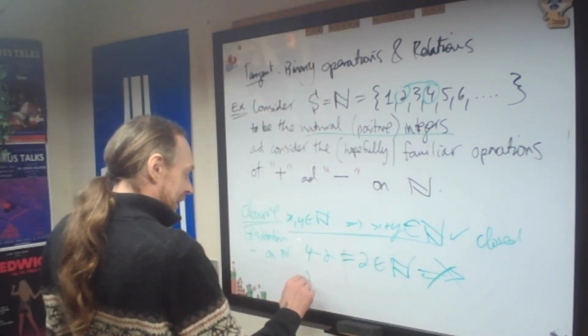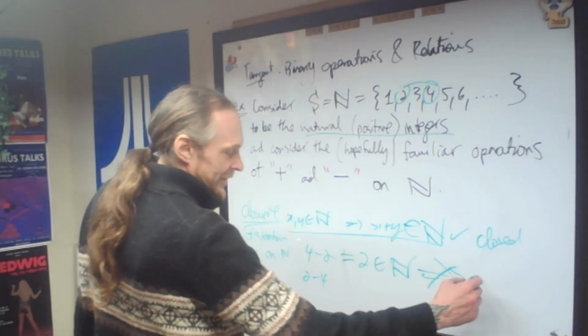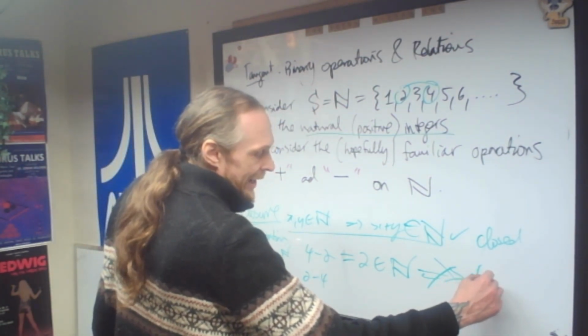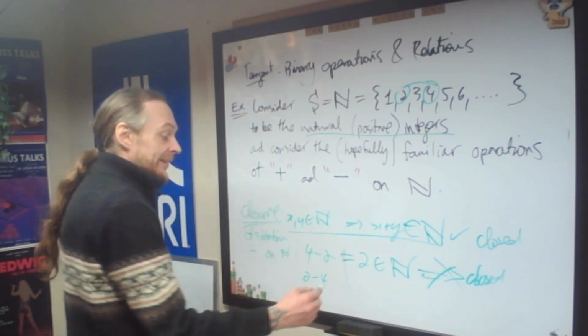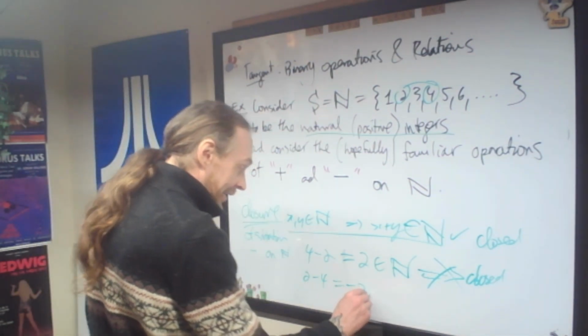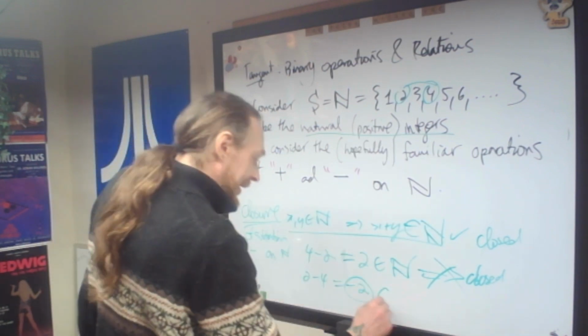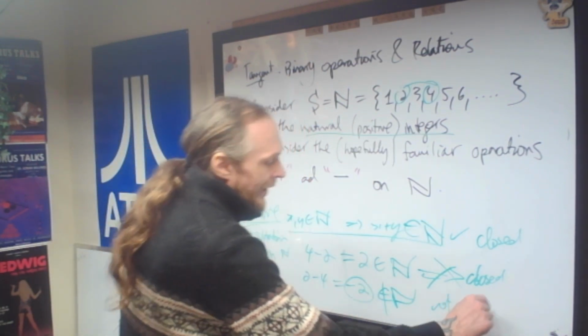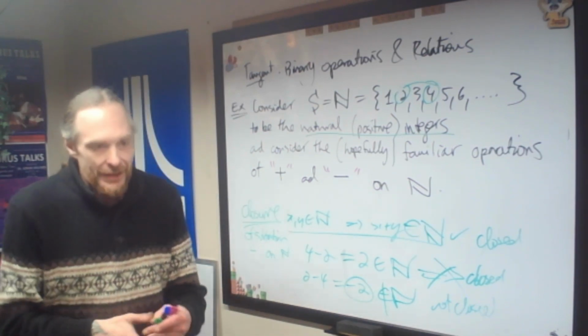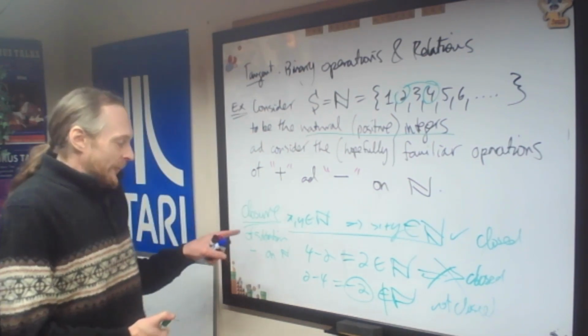If I flip those around, 2 minus 4, you can't just say yes, closed. That's bad. You can't just check one thing. I need one thing to break it. The other way will do it. This is a -2. Where's he? He's not in there. So it's not closed.